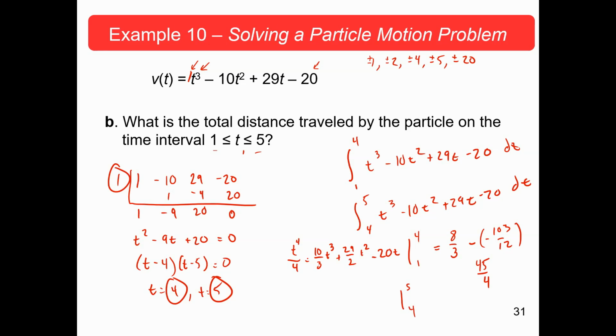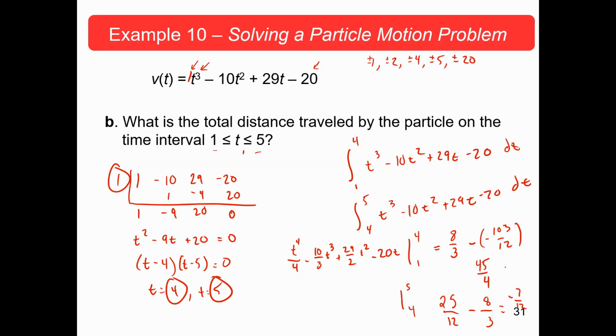So I'm going to do the 5. 5 to the 4th divided by 4 minus 10/3 times 5 cubed plus 29/2 times 5 squared minus 20 times 5 gives us 25 twelfths minus 8/3, which is negative 7/12.